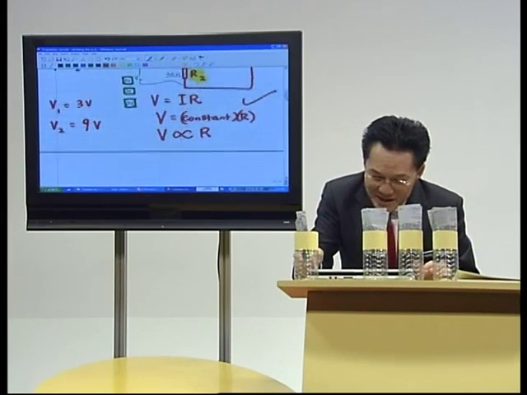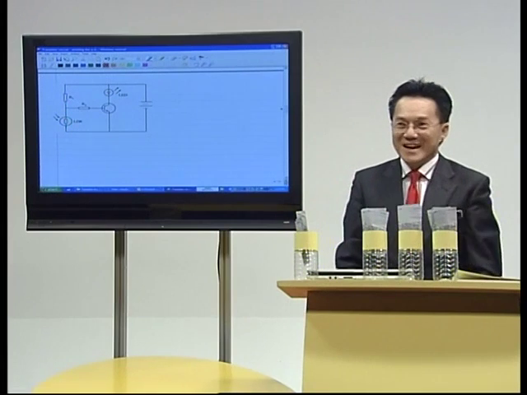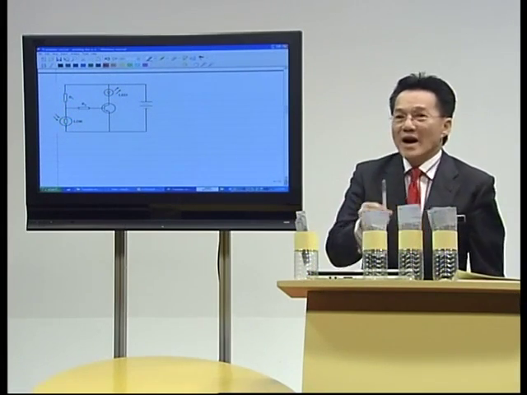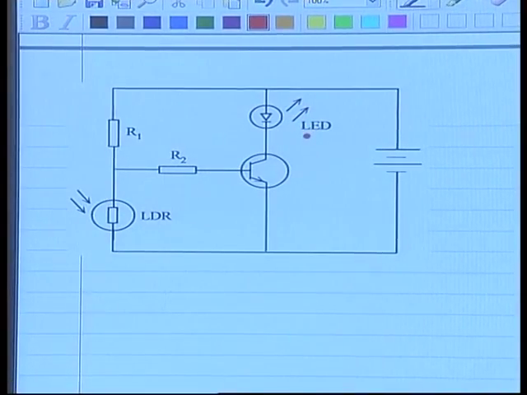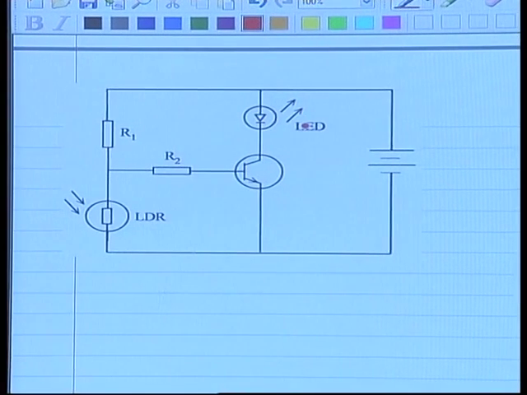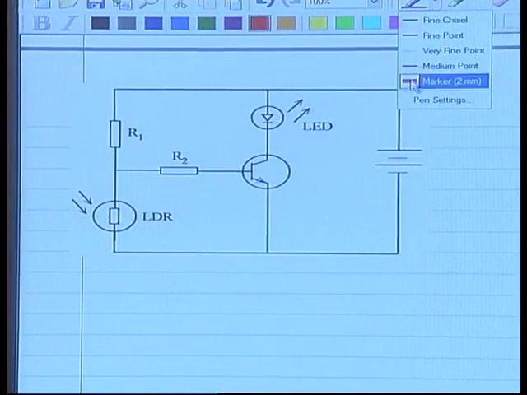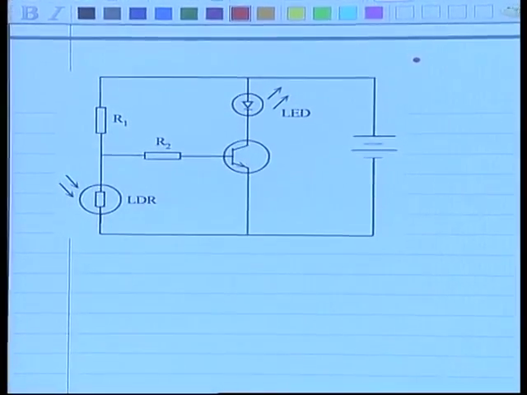Okay, so now let us go back to our transistorized switch. The question says, explain why when it gets dark, this light emitting diode will light up. Okay, so what do we do? So the first thing that we are going to write is when it gets dark.